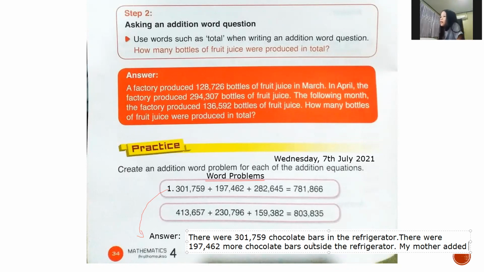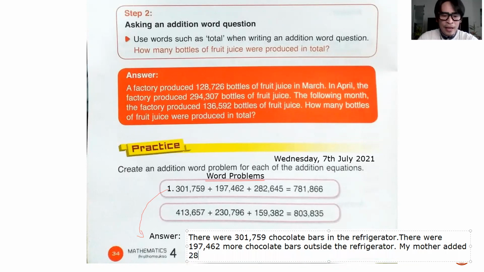Added how many? 282,645 more chocolate bars. This is how to pronounce it: chocolate.